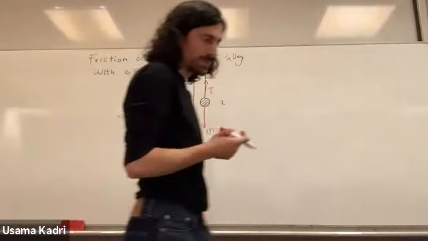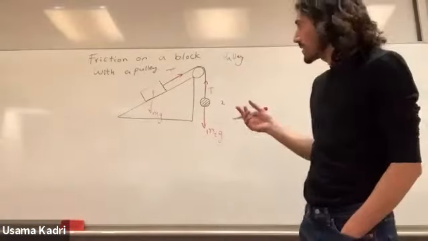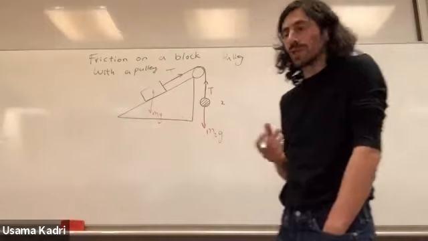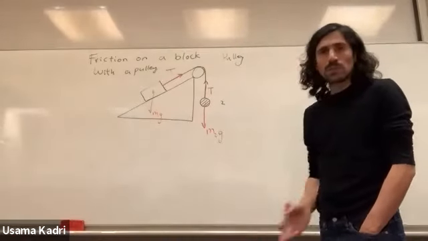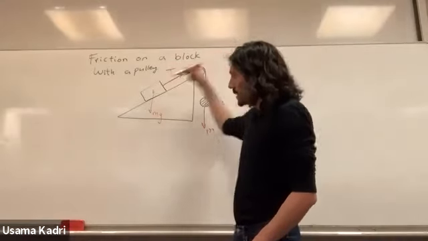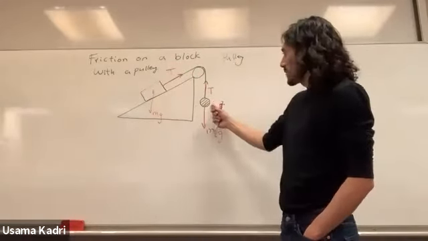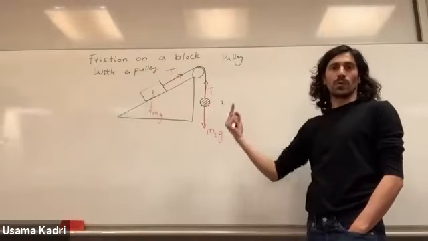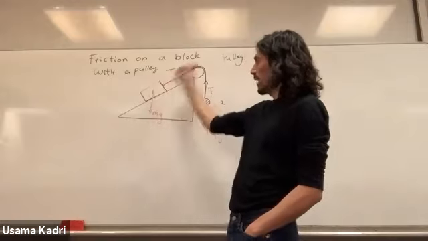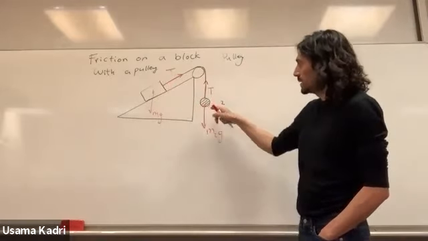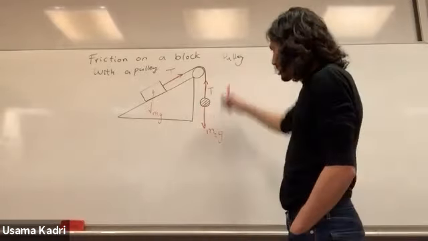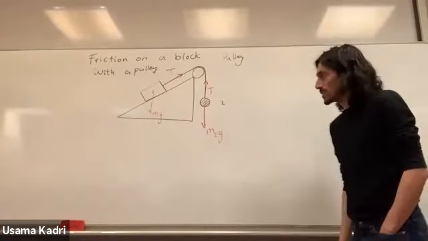In order to solve this problem, you need to know in which direction these objects are moving, if they're moving at all. There are three possibilities. One is that this object is going downwards, and as a result, this object is traveling upwards. Another is that this object is going upwards, up the hill, and the second object is accelerating downwards.